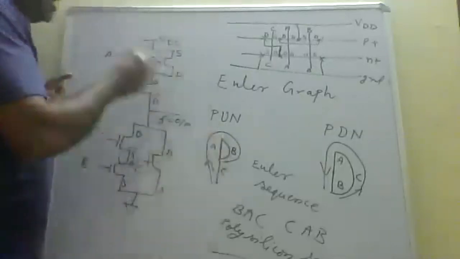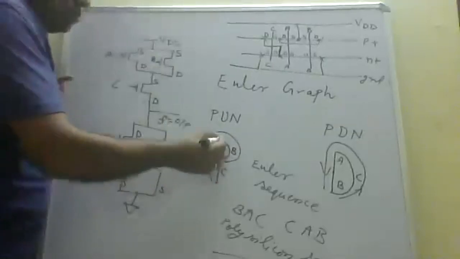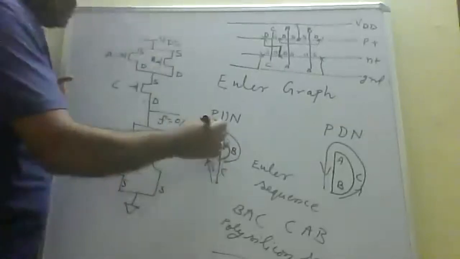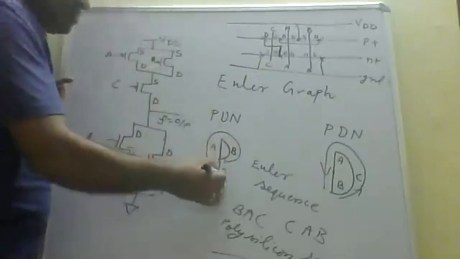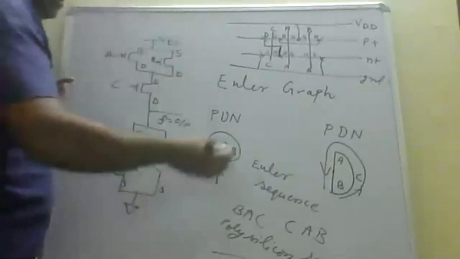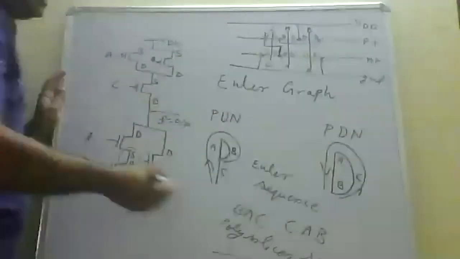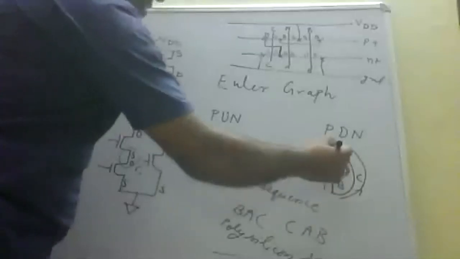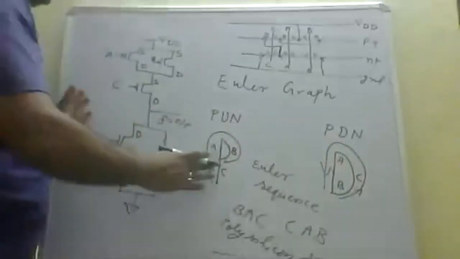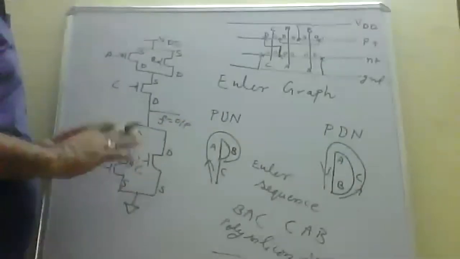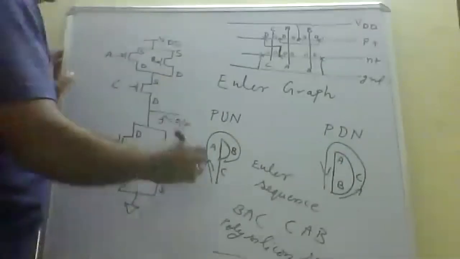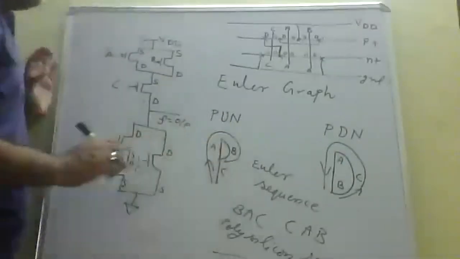It can be a curve like this, or it can be a simple line over this. So A and B are connected in parallel, so two nodes are tied together, so that will be in parallel, and C will be in series of this, so C is series. Similarly, here A and B are in series and C is in parallel. And after this drawing of pull up and pull down, we find out randomly a sequence which is not repeating the branch.